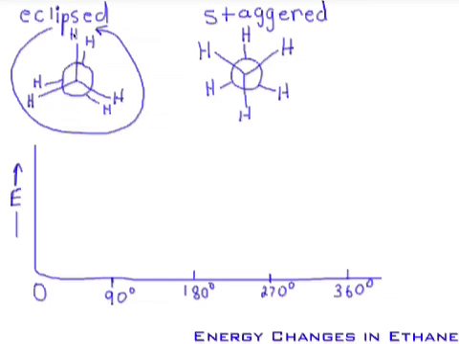As the H moves around, it's going to be passing through various degrees of angle, and we want to mark out the degrees where it's going to be eclipsed, and then the degrees where it's going to be staggered. Now we know in tetrahedral, the bond angle is 109.5.